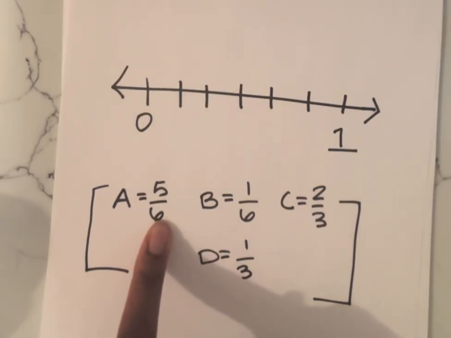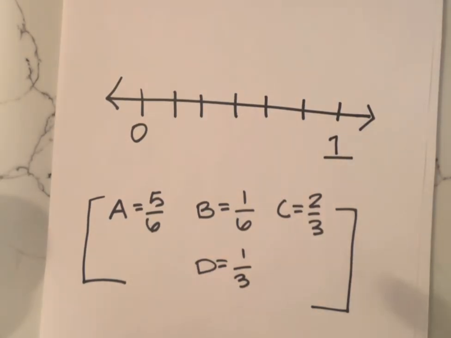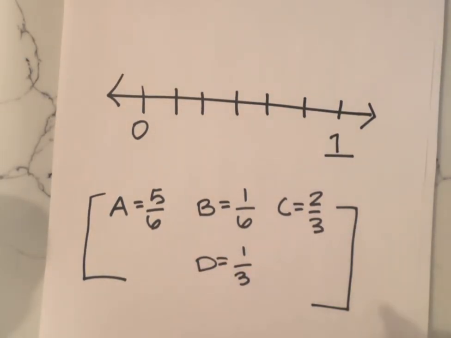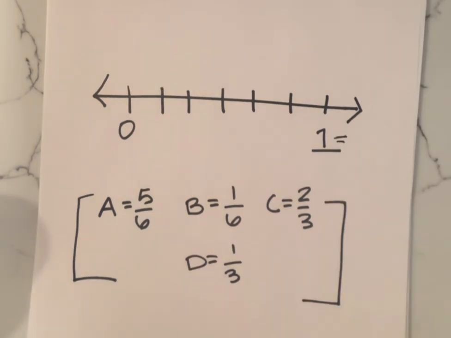So we're going to start with 5/6, or actually before we get into these fractions, let's look over here at our 1. So if we look at this 1 right here, let's recall a very important rule in math, which is the fact that any non-zero number divided by itself equals 1.